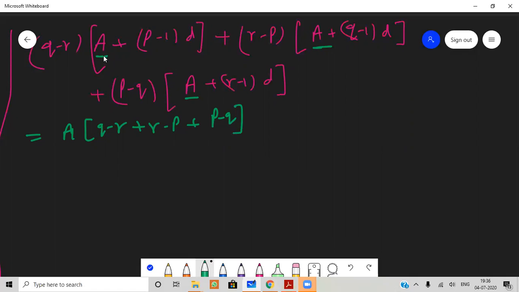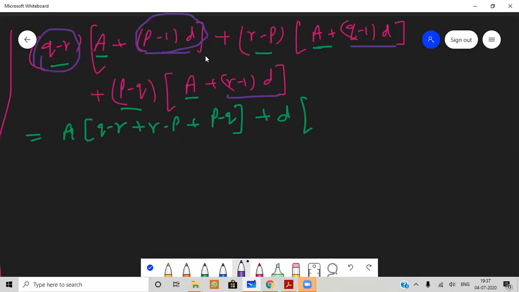Okay, so the A part is dealt with. Now in the second part, what do I observe? That small d is common in all of these factors. So I took d common, and now this total term is to be multiplied with this term.